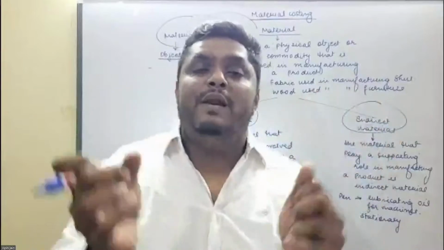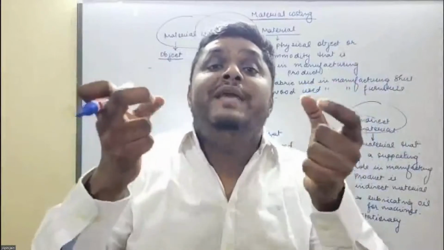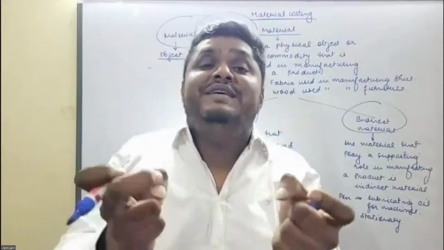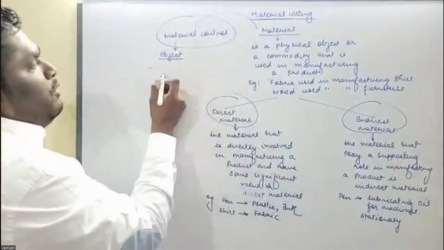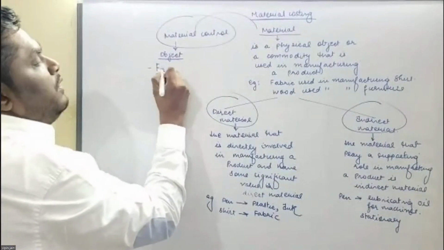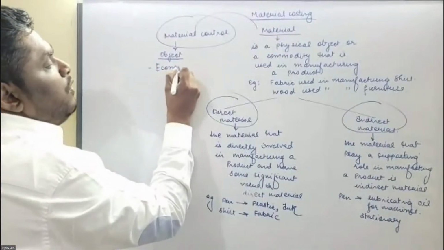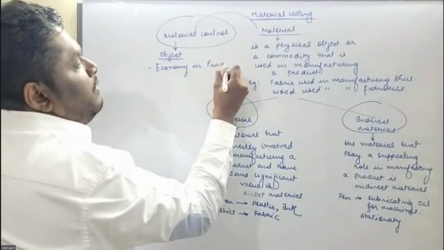When we procure material from an outside supplier, there should be economy in purchase. We should purchase this material at the most competitive price. So the first and foremost object is economy in purchase of material.